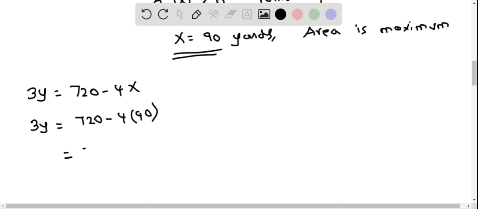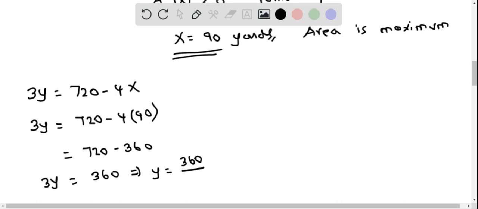And 4 times 90 is 360. 720 minus 360 is 360. That is 3y equals 360, and this means y equals 360 divided by 3, which equals 120. And remember that this is in yards. So we found the corresponding y, which is 120 yards.